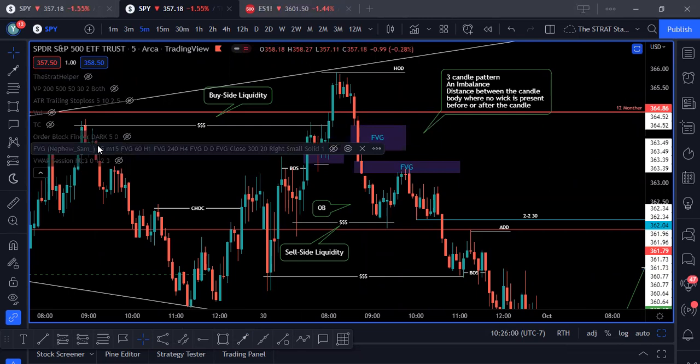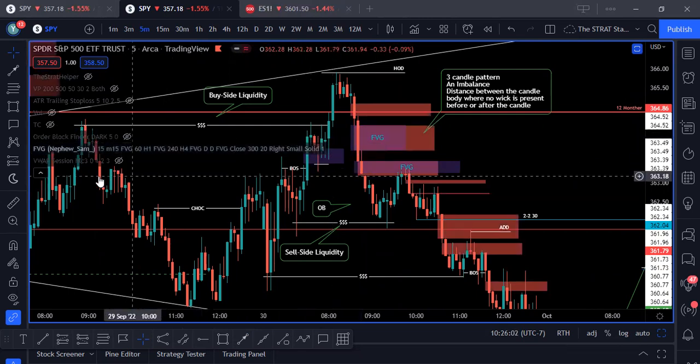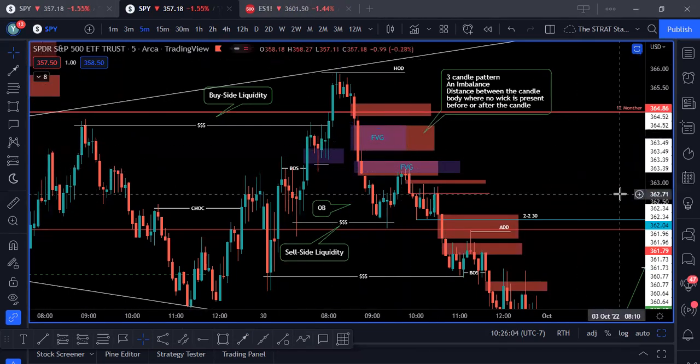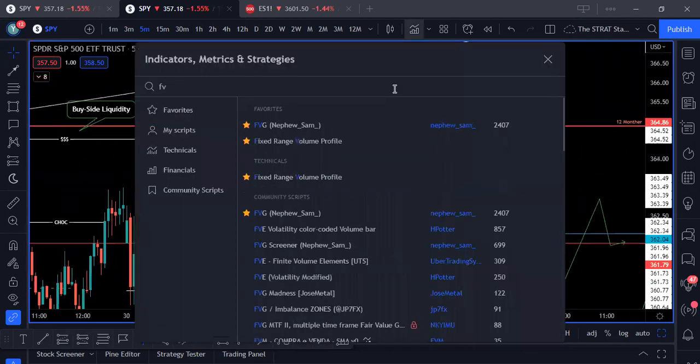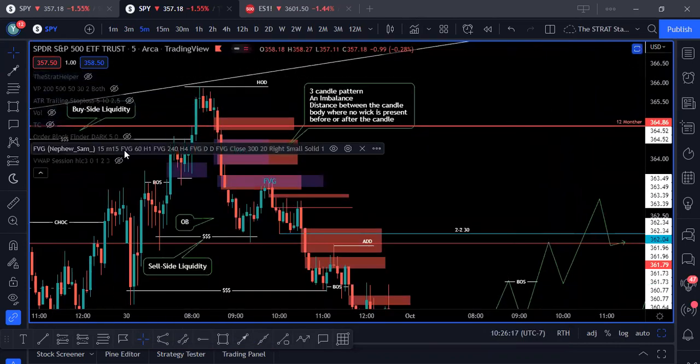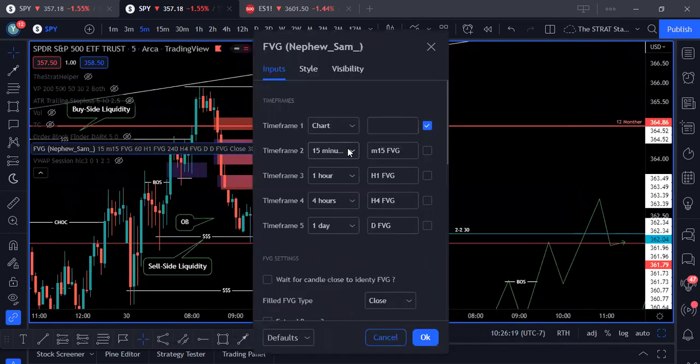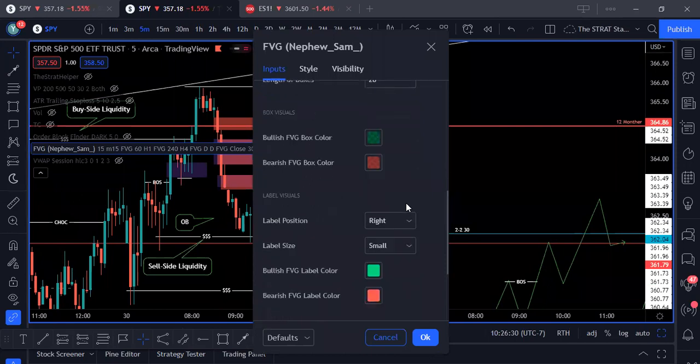Another thing you can use is the fair value gap indicator by nephew Sam, and it can highlight them for you if you have trouble seeing them or drawing them. So it'll be FVG, nephew Sam. And with mine, I have my settings minimal. So instead of having all the time frames highlighted, I just have the auto time frame, and then I deleted the writing because I didn't want the writing, you know, the 14, 15.